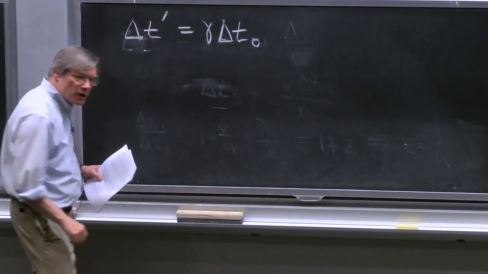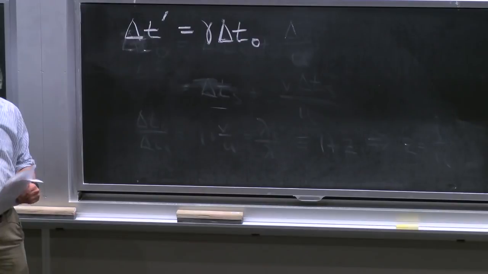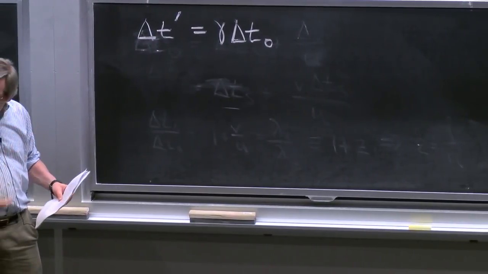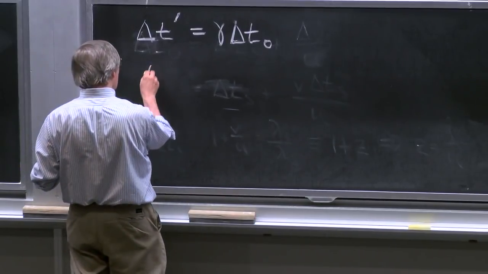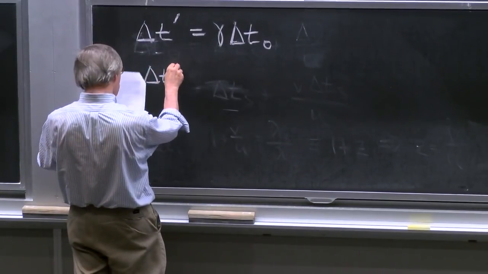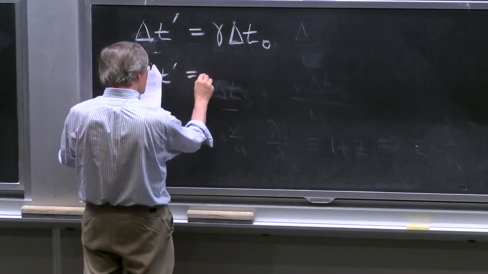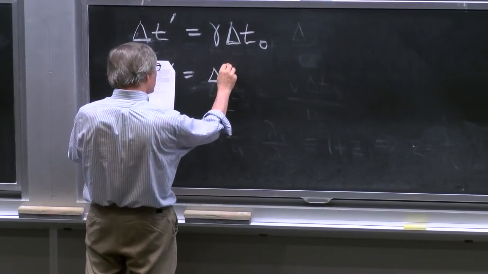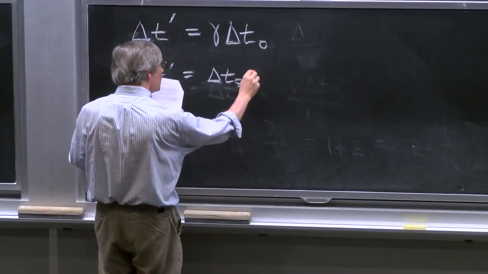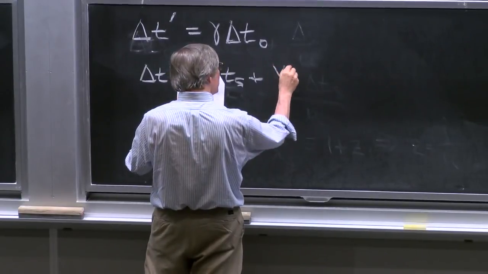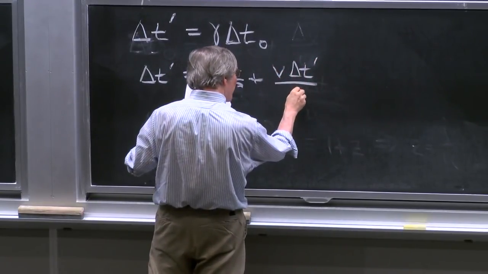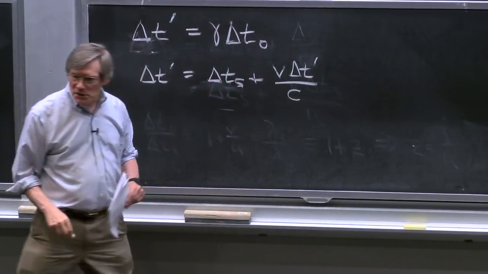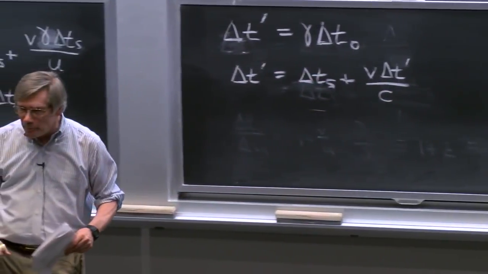Rather, what we want to do is start by writing down the relationship as we would see it in our frame, which is going to involve delta t prime. We'll worry about delta t sub 0 later. So our equation is going to become delta t prime is equal to delta t sub s plus v times delta t prime divided by the wave speed, which now we'll call c, since we're doing a relativistic problem.